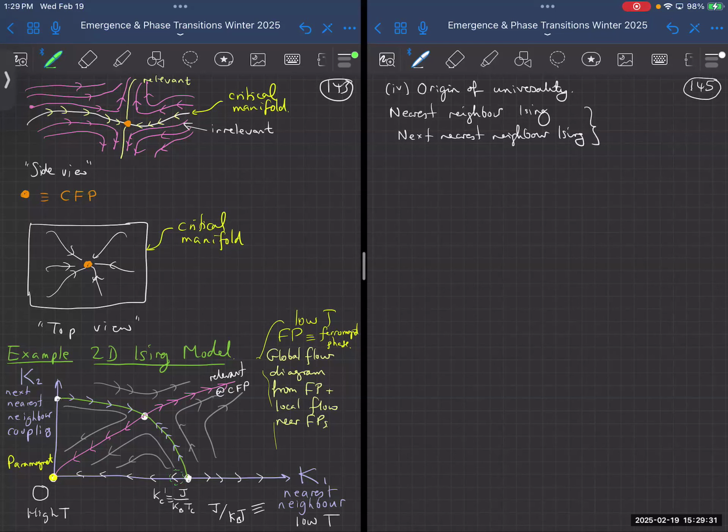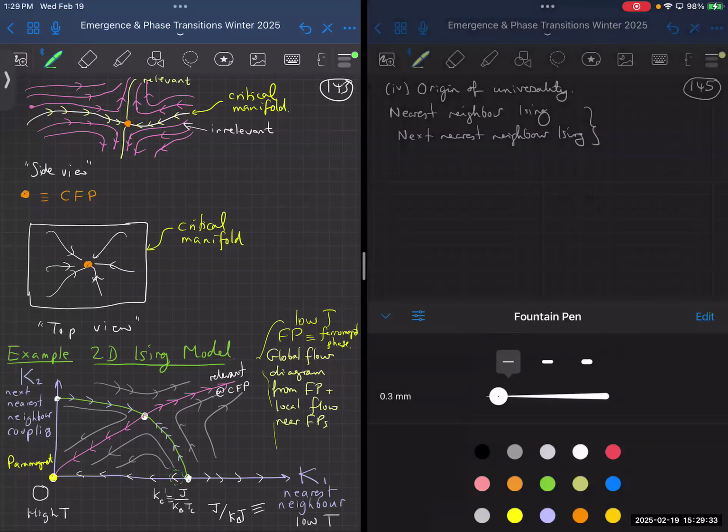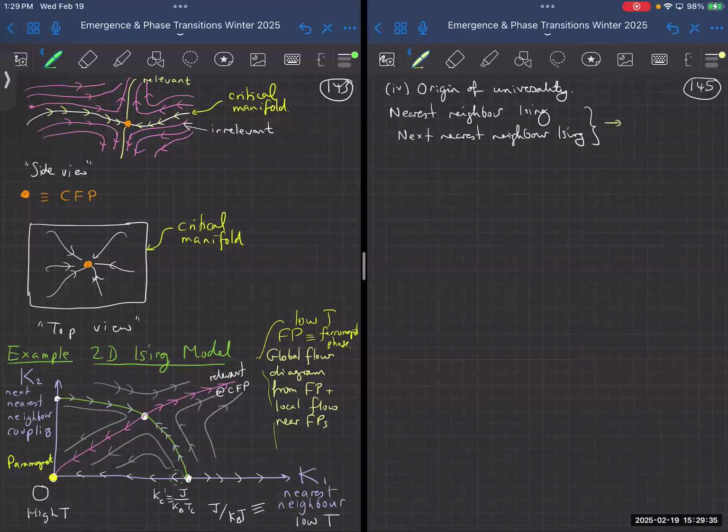regardless of where I start, they will flow in towards the critical fixed point, and then they will flow away from it along the critical fixed point's relevant directions.